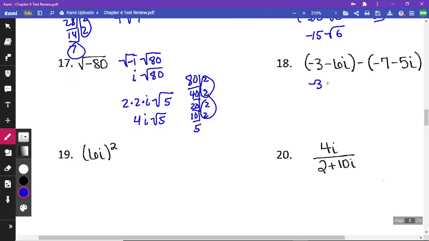I would rather go ahead and distribute that minus sign here before we start. So we'll have negative 3 minus 6i, and then that's minus a negative 7, right? Minus negative 7, which is plus 7.